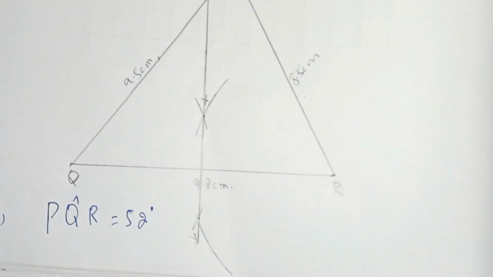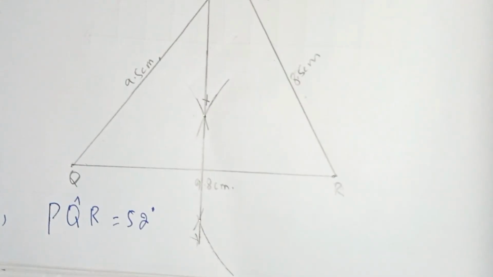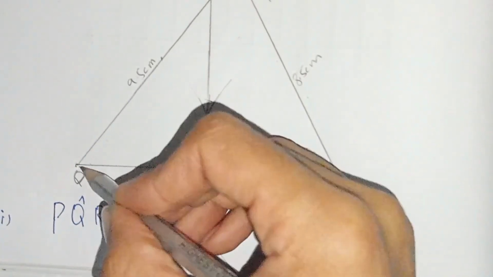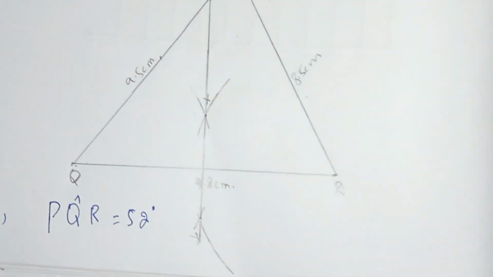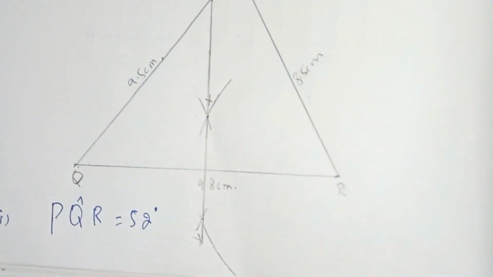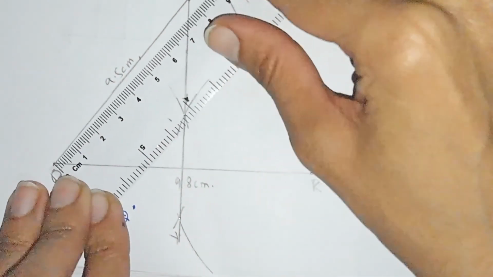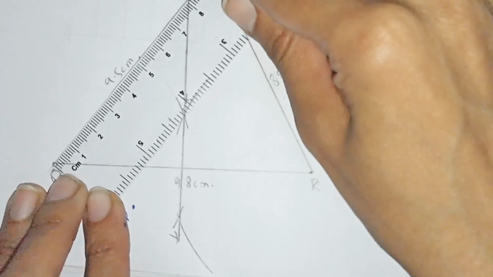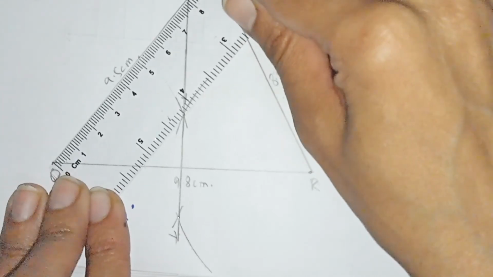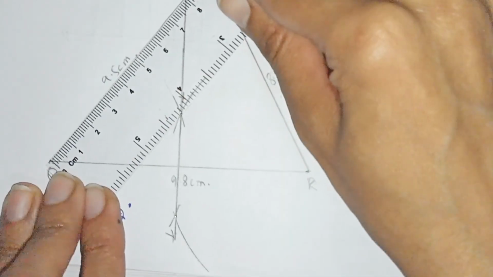And now we have to measure and write the length of QT. And this is exactly equal to 8 centimeter.